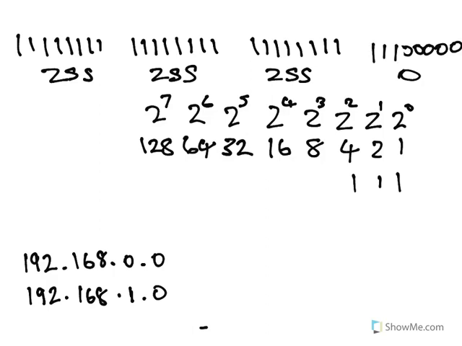In this particular example I needed 3 bits, so your subnet mask became 224, or your full subnet mask became 255.255.255.224.